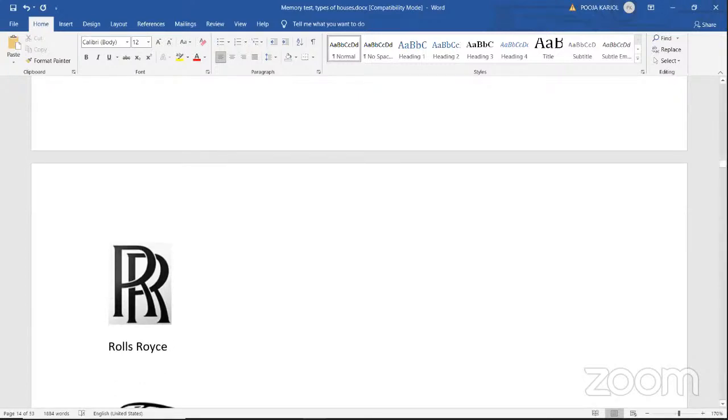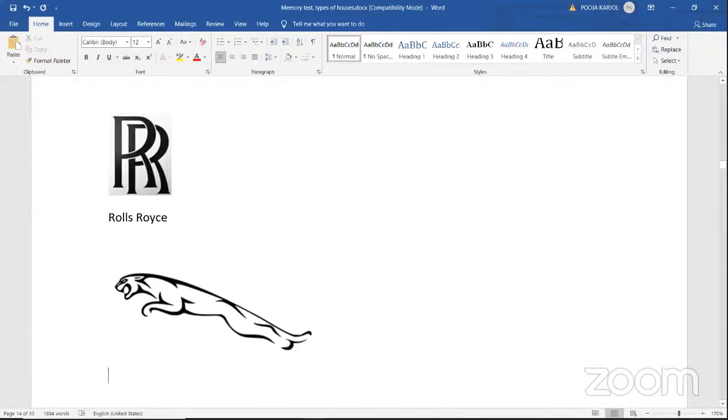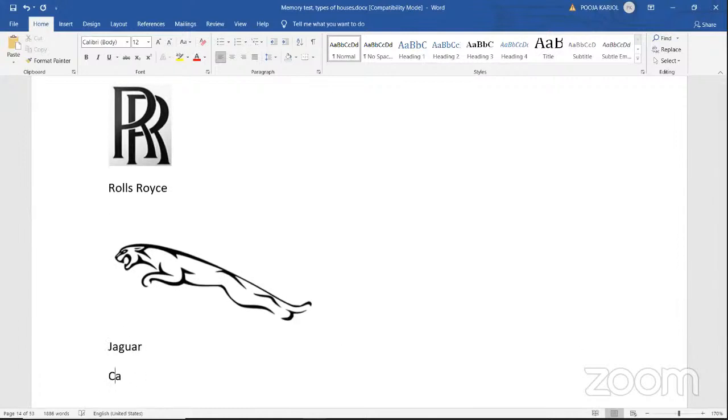Luxury car company. What about this? Jaguar. Also a luxury car company. This one also.